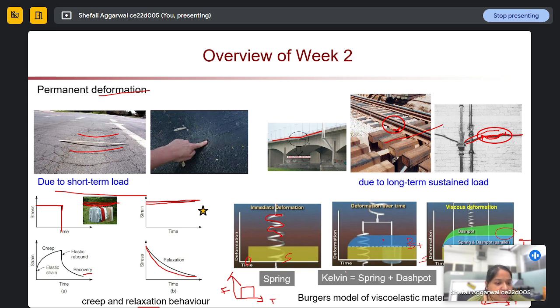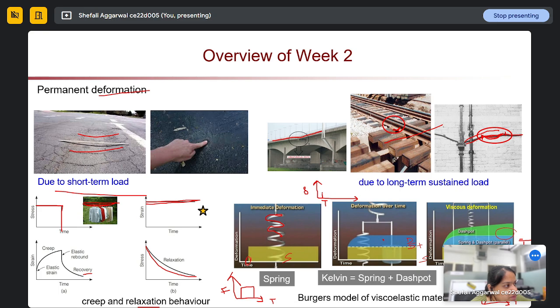Next thing is the Kelvin model. In the Kelvin model, we have a deformation versus time graph. In the Kelvin type of model, the behavior is similar to a combination of both spring and dashpot.